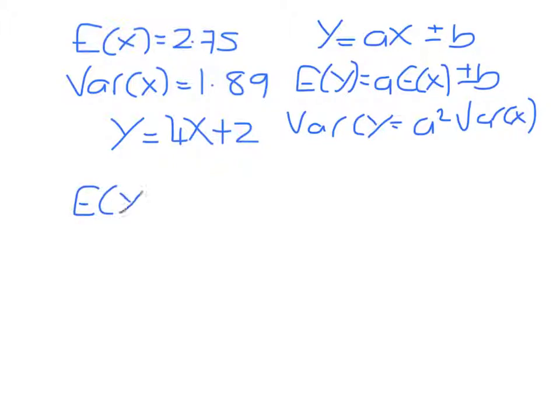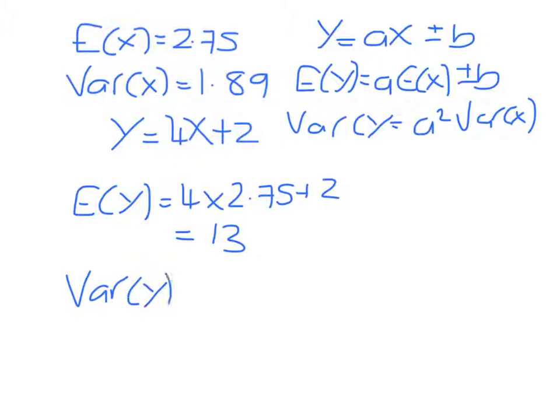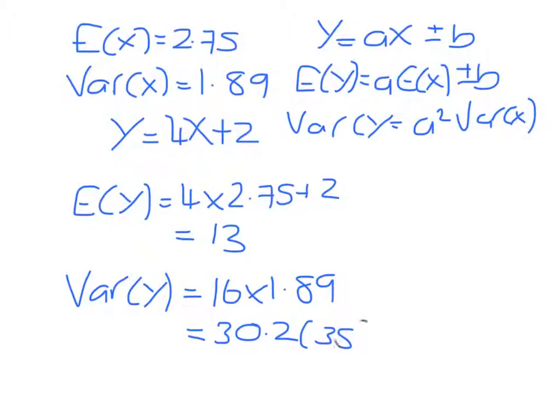So the expectation of y will be 4 times 2.75 plus 2, which is 13. The variance of y will be 4 squared, so 16 times the 1.89, which is 30.2 to 3 significant figures.